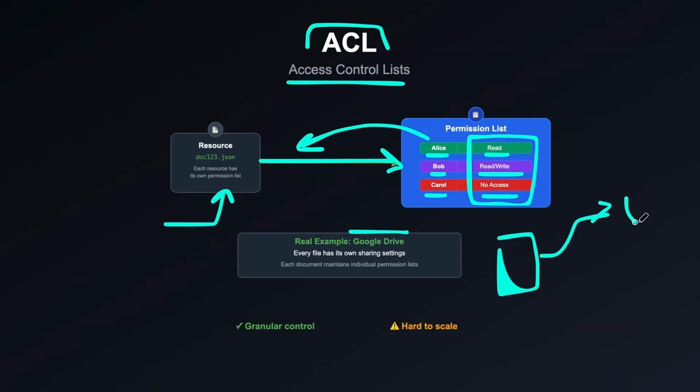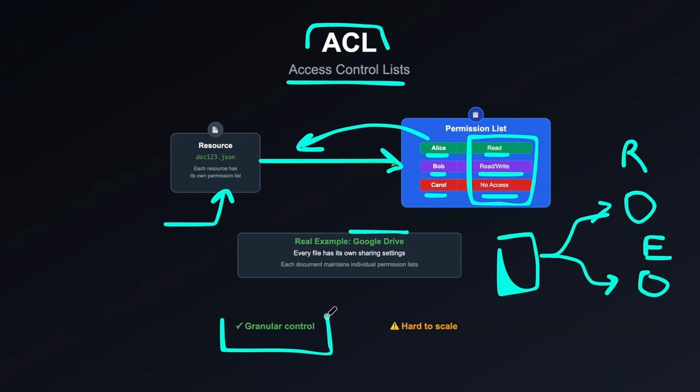So you share with someone with read access only, and then you share this doc with someone else, but now they can also edit and add comments to this document. So this is an example of ACL, access control list, which is used in Google Drive and Google Documents. This gives you more control over resources and documents, but it's also harder to scale with millions of users. But it's possible, as you can see, because Google Drive is using this for their documents, Excel sheets, and so on.